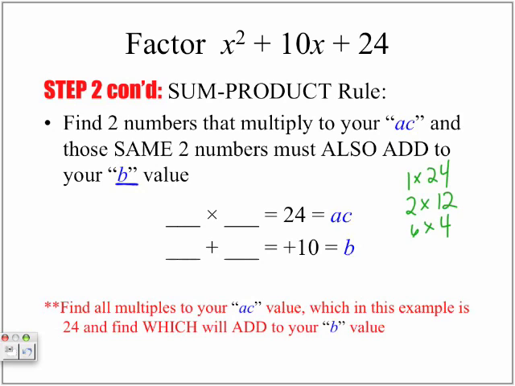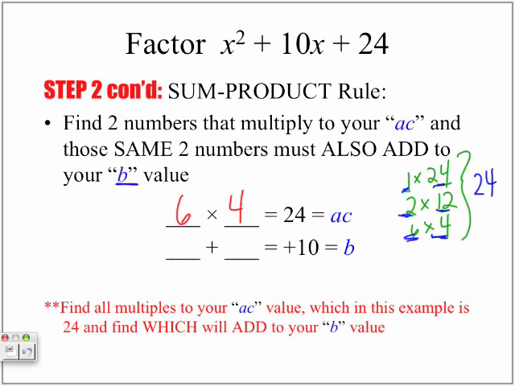These all equal 24. What we're trying to figure out is which of these multiples, using either positives or negatives, will give us the number 10 when we add the same two numbers. Obviously we cannot use these first two pairs, since they don't add to 10. But if we look here, if we keep 6 and 4 positive, when we multiply them together, we get 24.